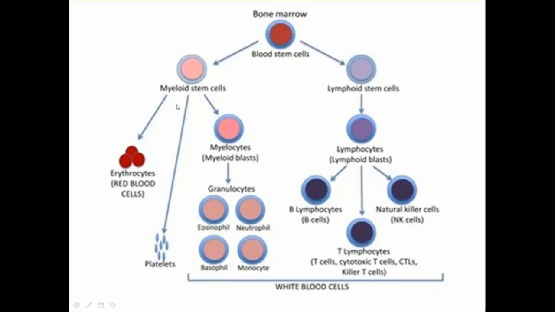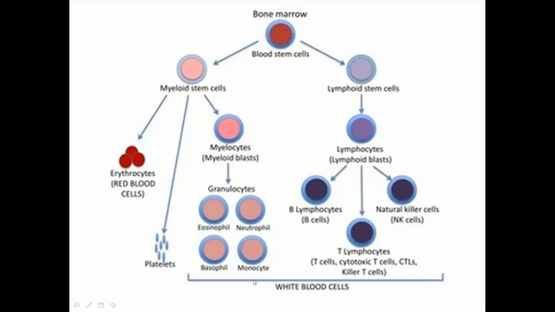Then we have the myeloid stem cells, which will produce the RBCs and the platelets. Then this is the myeloblast or the myeloid blast cells, which are the precursor of eosinophils, neutrophils, basophils, and monocytes.